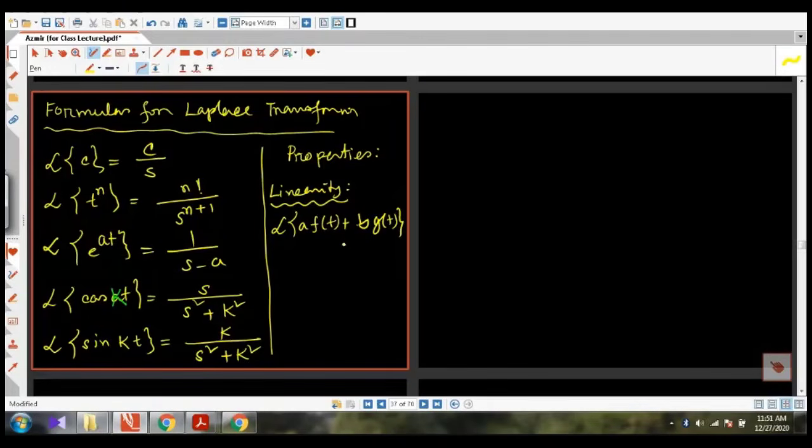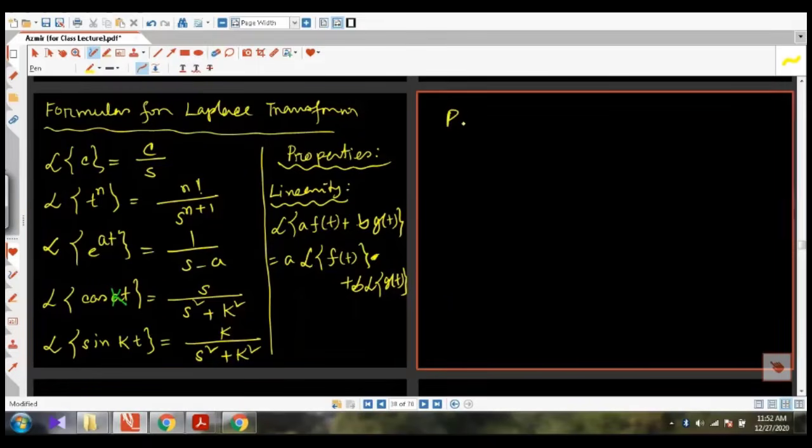I am just recalling the previous lecture so that you can relate to what we have learned yesterday. So we can pull out the constant, and we can also separate the functions: a times the Laplace transformation of f of t plus b times the Laplace transformation of g of t. So this is the linearity property.